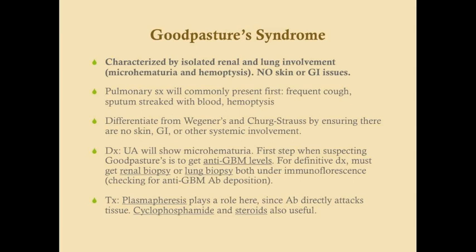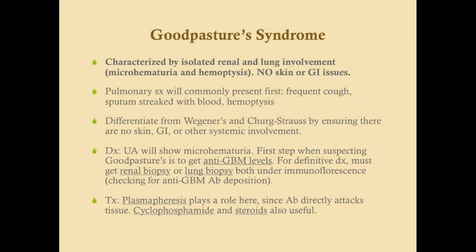When you have a patient that's got hemoptysis and microhematuria, Goodpasture should be at the front of your mind. Your first step for diagnosing Goodpasture's is to get your anti-GBM levels. GBM is the glomerular basement membrane, and that is a membrane, I think it belongs to the type 4 collagen, and that's specific to the lung and the kidneys.